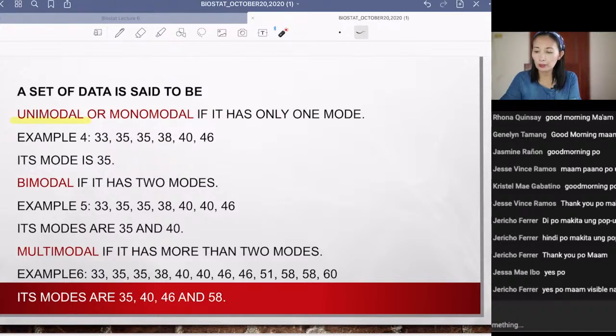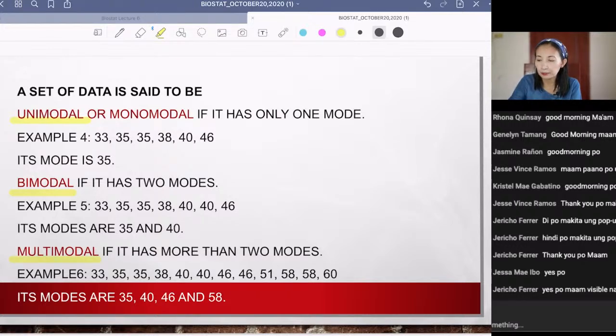Example number 2: 33, 35, 35, 38, 40, 40, 46. We have two modes here, 35 and 40, because both appeared twice. So it's bimodal. Next, multimodal, two or more modes.